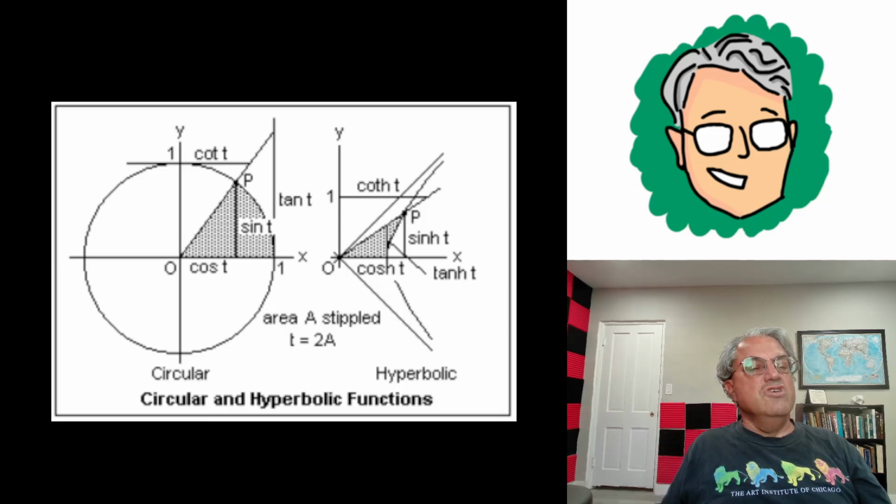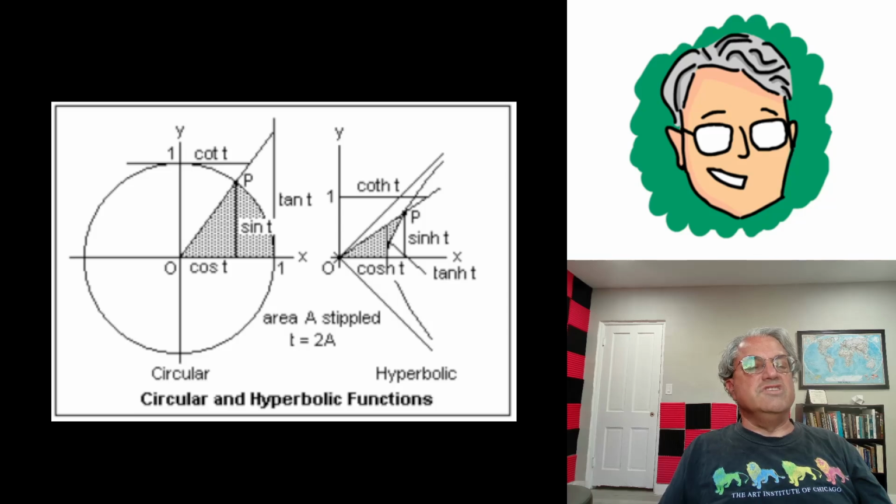The same thing is true for the hyperbolic functions. It's a lot harder to compute these areas, but it turns out this variable t we're using to parameterize a point on the right branch of the hyperbola is also equal to twice the shaded area in this case. So now we can define the hyperbolic functions the same way.